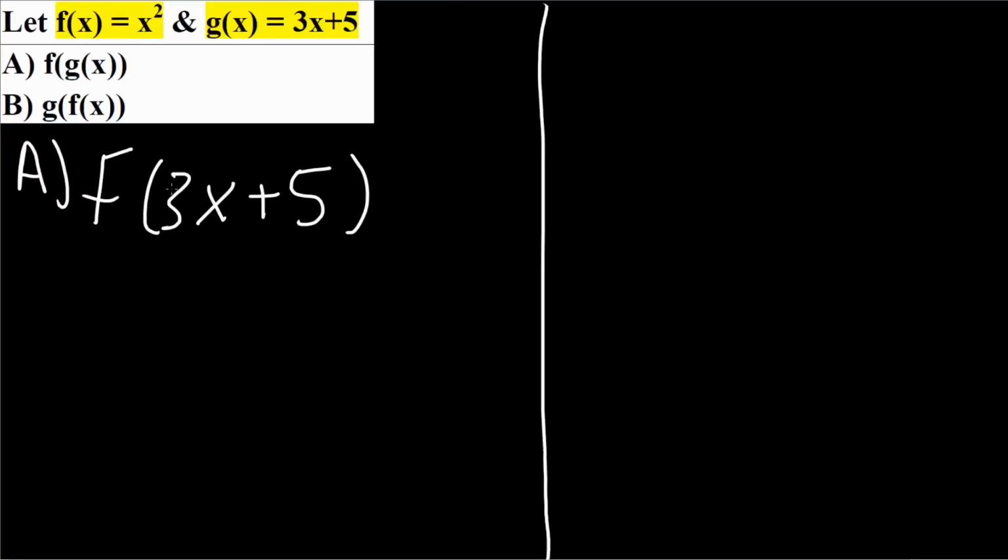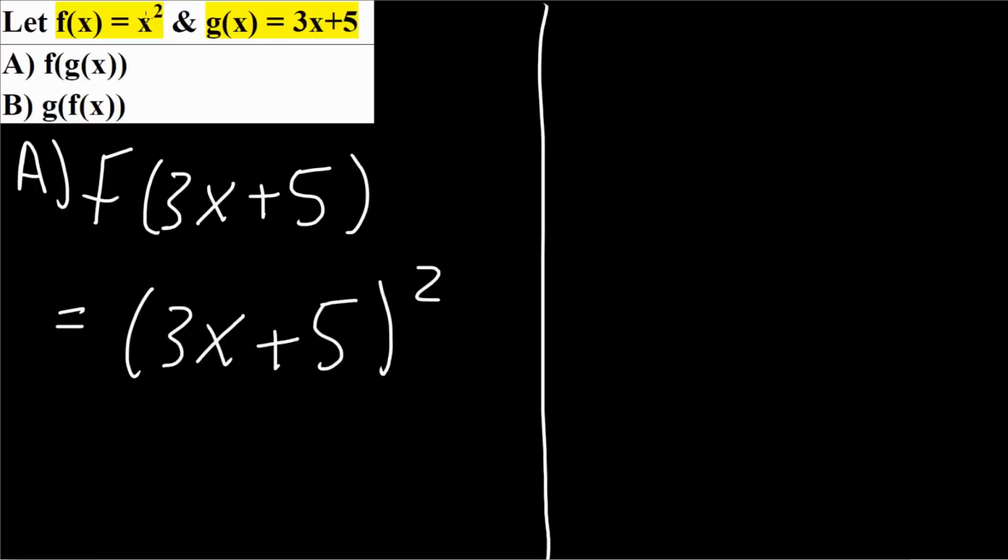And so we're treating this as x. So this is f parentheses x. So this is 3x plus 5. And so we will replace x with 3x plus 5. And so we will say it is equal to 3x plus 5 squared. Squared because this is x, so 3x plus 5 squared.